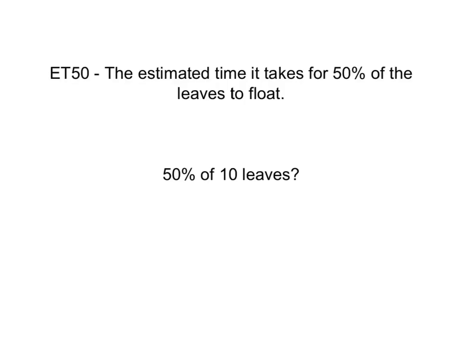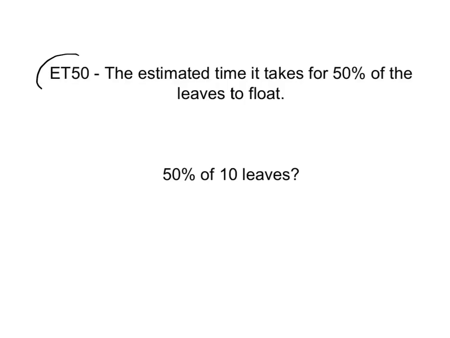So taking an average wouldn't be very useful, because the infinity would really skew our average. So instead of taking an average, we're going to use another kind of value that gives us a general indication as to when leaves started floating. That value is known as ET50.